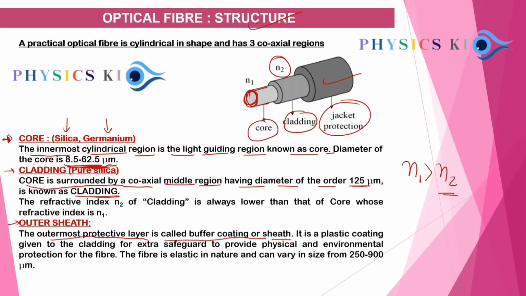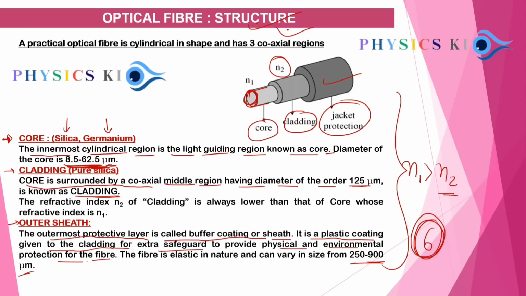It is a plastic coating given to the cladding for extra physical or environmental protection for the fiber, and its size is nearly 250 to 900 micrometer. So your explanation of structure is done. Up to this you got 6 out of 6 marks. So our second question is done.